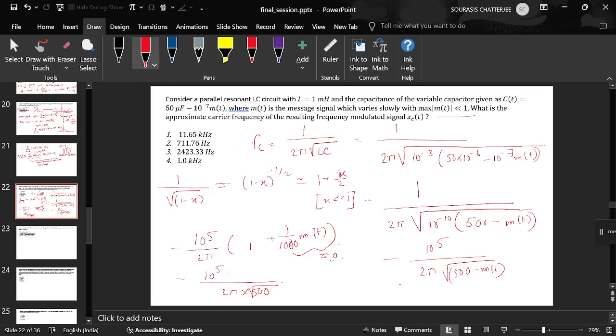This is 1, and the square root of 500 times 1 minus mt divided by 500. Okay, now it's fine.